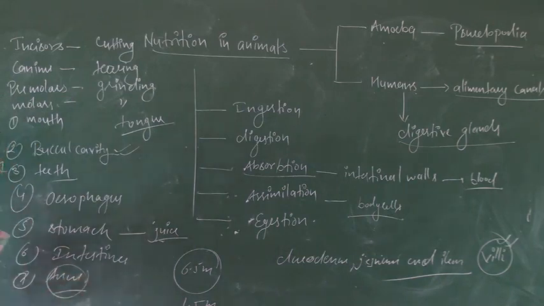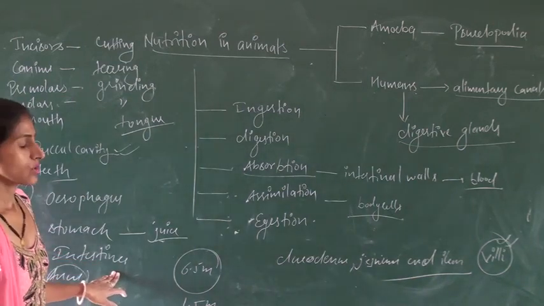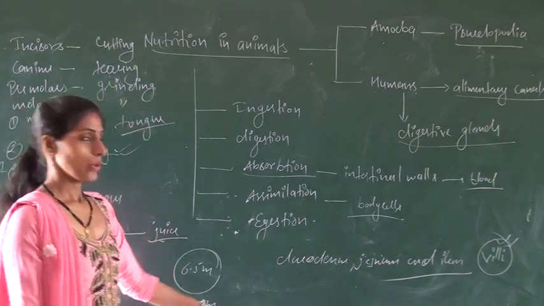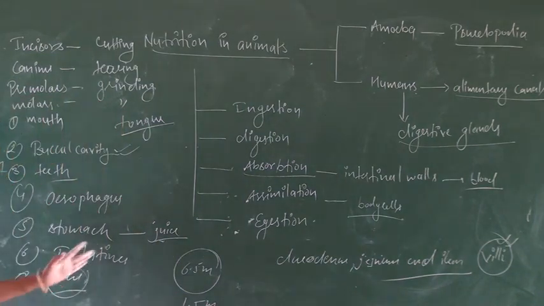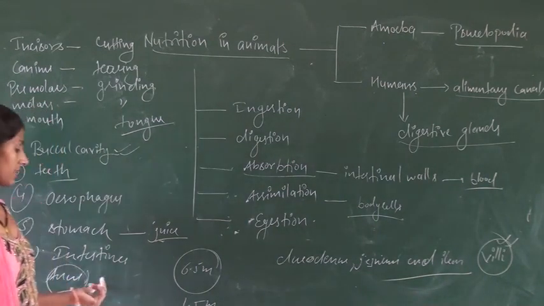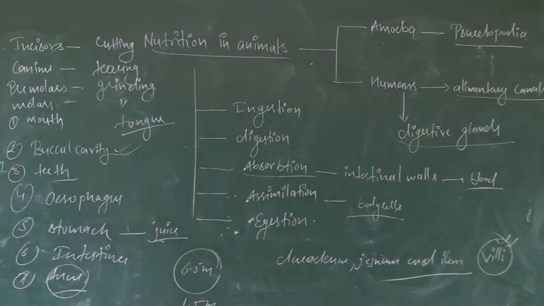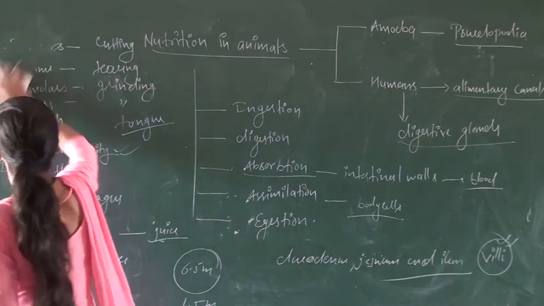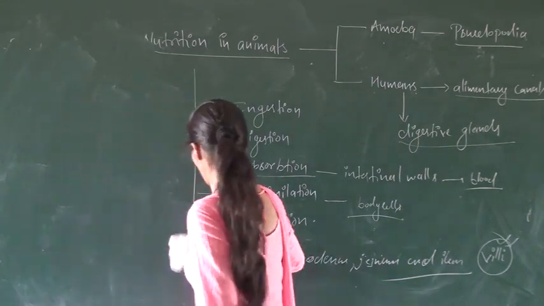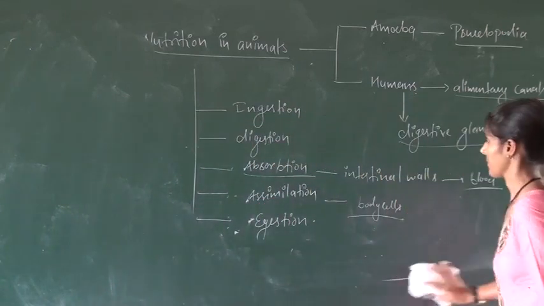The anus is the last part of the digestive system. Okay. After that, this is all about the alimentary canal.